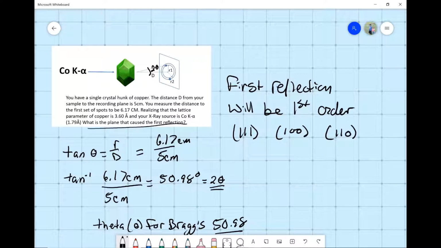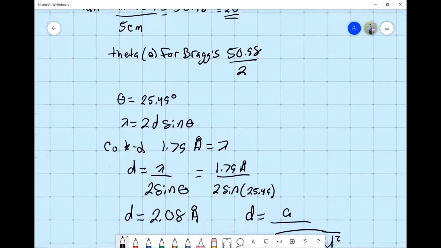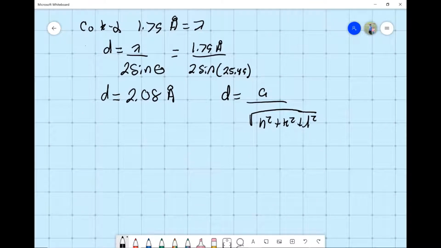I didn't do that in order, I should have done 111, 110, but anyway. It's going to be one of these 3 flavors, and it doesn't matter which one because it's all the same family.